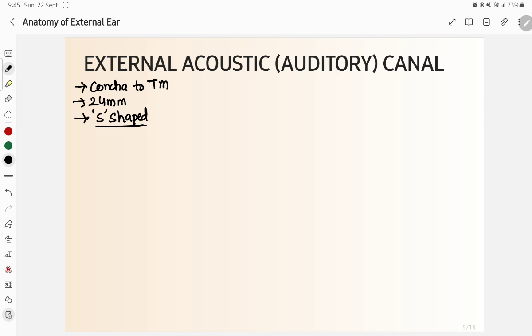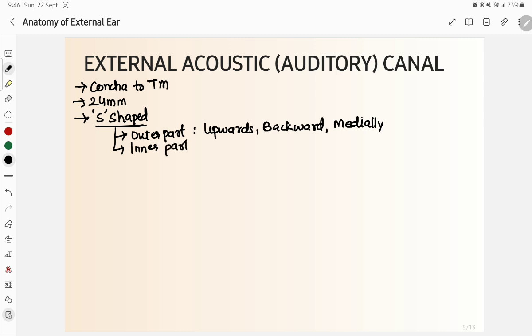That means its outer part is directed upwards, backwards, and medially, while its inner part is directed downwards, forwards, and medially.